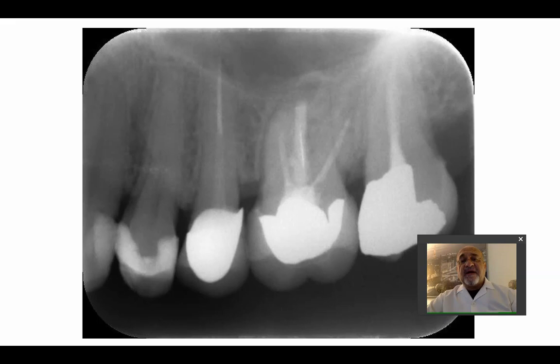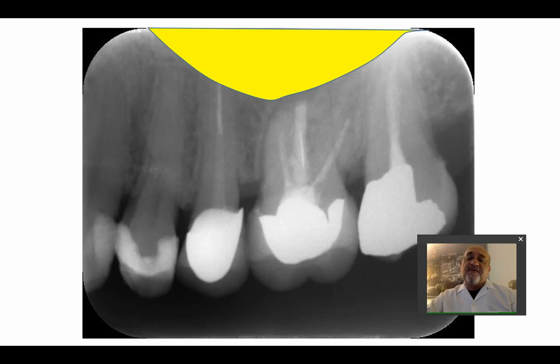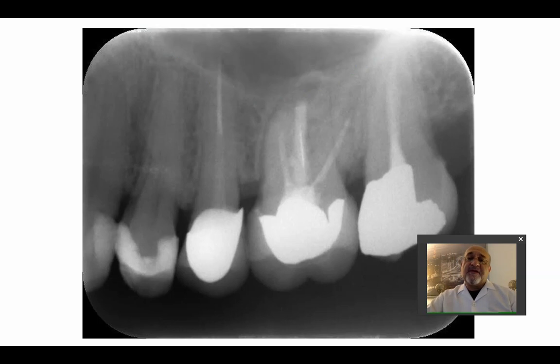Actually, I feel a bit worried if a graduate dentist cannot differentiate between an important anatomical landmark like the maxillary sinus and a big pathologic lesion.